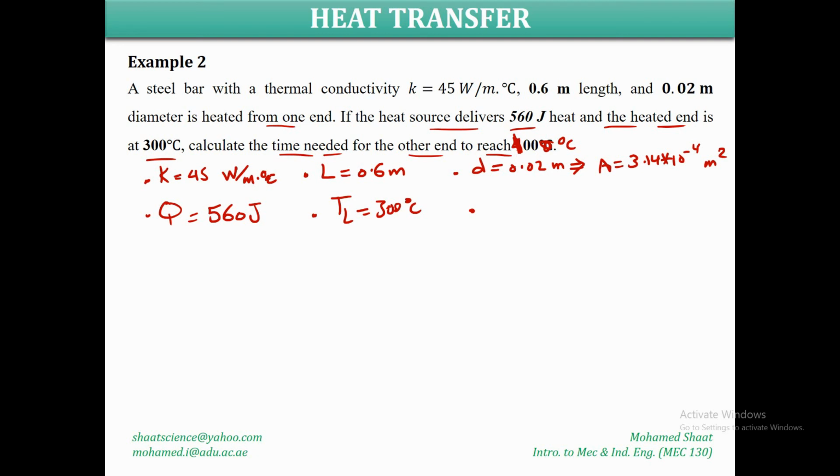If the heat source delivers, it means it sends, it gives. So it should be heated up, not absorbing. We are not absorbing heat from this heated bar, but instead we are delivering heat, 560. So we expect an increase in the temperature over the other side of the bar to 1000 degrees Celsius, for example. So how long does this process take for the other end to be heated?